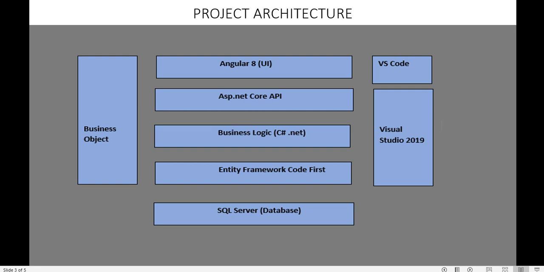Then we need the UI where we will show the login and registration pages, and after login we will navigate to the specific page. All those communications and the UI we will write in Angular, and the TypeScript code we will write in the Visual Studio Code tool. So these are the tools which we require, and this is basically the project architecture.